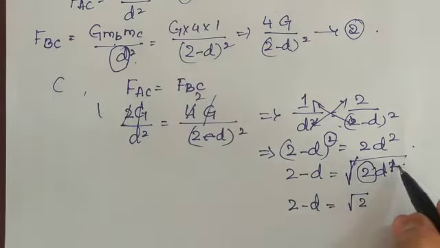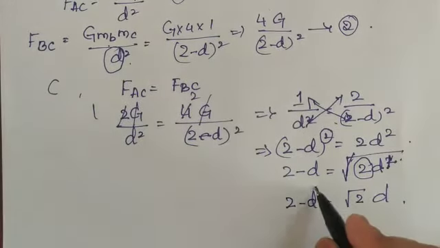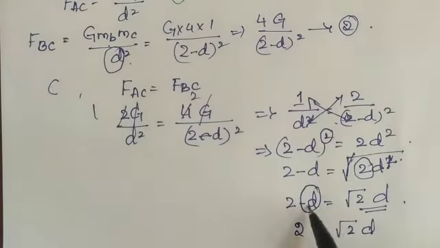For d square and root cancel, so it becomes d here. Since minus d is here and root 2 d is there, I'll take d and d to one side. So 2 is equal to root 2 d minus d, and when it comes here, it becomes plus d.